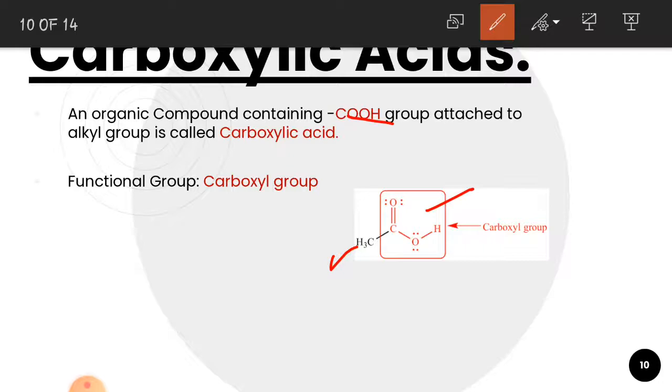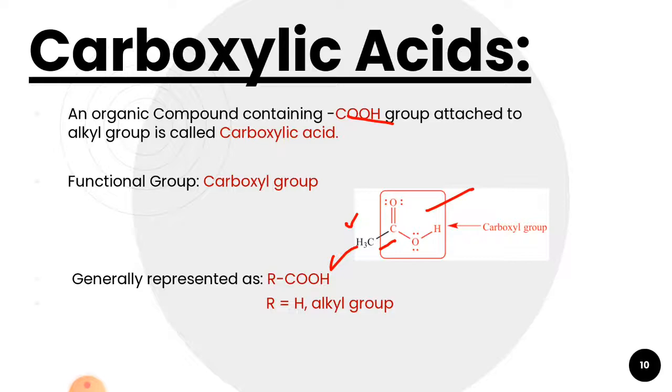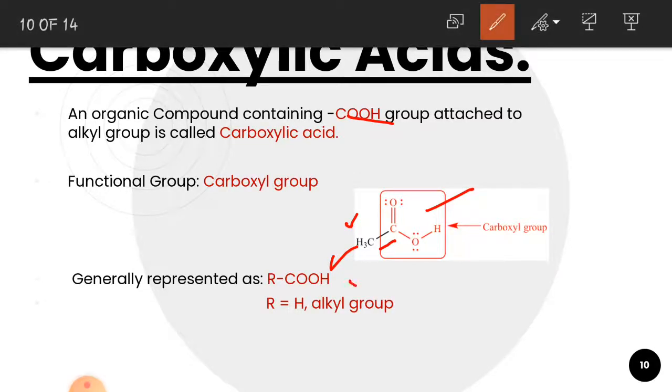Now you may see here that the carbonyl carbon of this carboxyl group is attached to an alkyl group on the other side. Carboxylic acids are generally represented in the condensed form as RCOOH. Here the R may be hydrogen or an alkyl group.